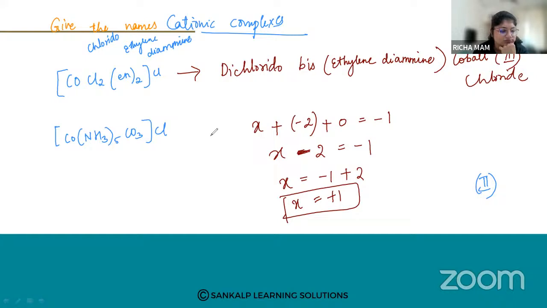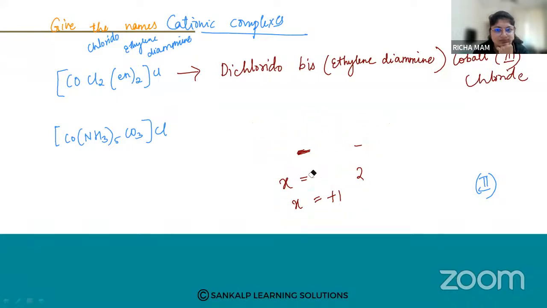Next one. Yes, try the next one. So here we have cobalt as well as carbonate.